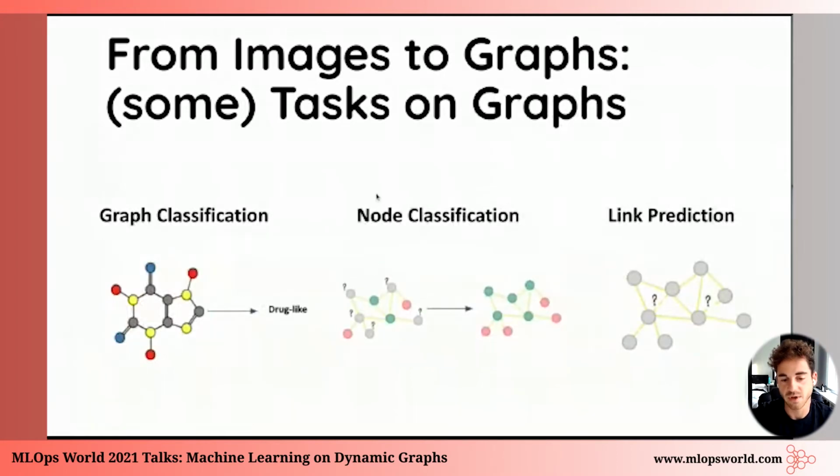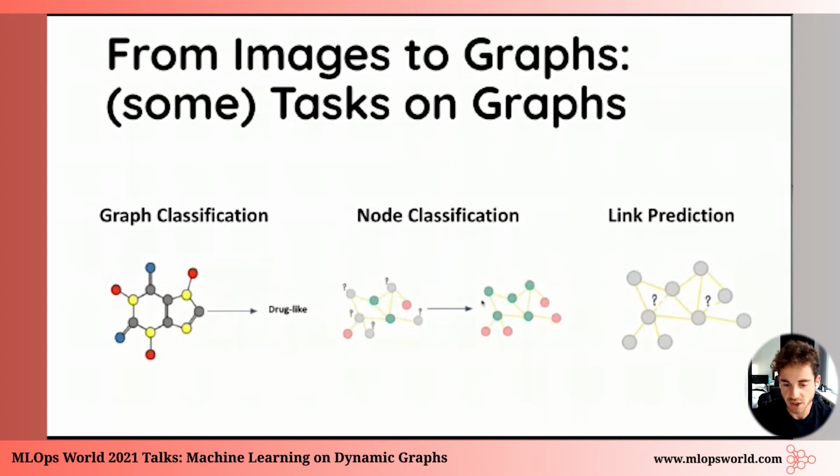Then we also have another task called node classification, where we have a graph. We know the labels or classes for some of the nodes, in this case the red and the greens. Let's say this could be political leaning in a social network, but we don't know it for the other nodes. For the gray nodes, we have no idea.